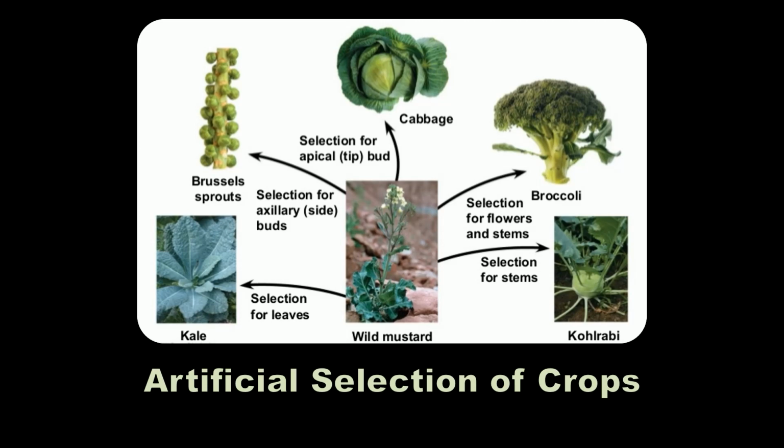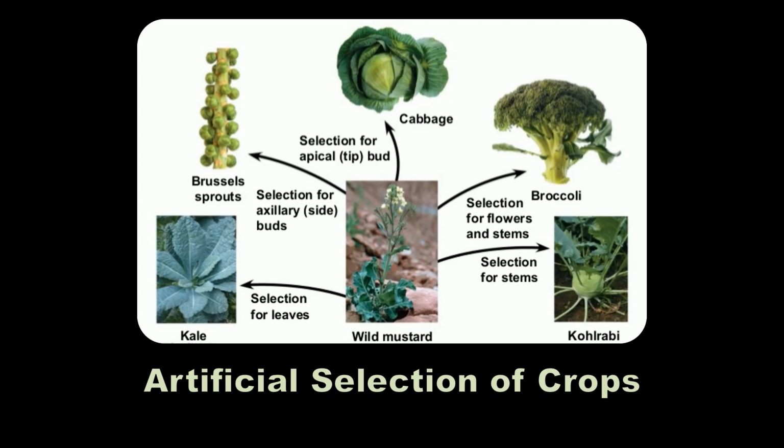And you find a member of that population that has these big, broad, crinkly leaves, and you keep breeding members like that together, and eventually, thousands of generations later, you get kale. And you have some members of the population that have their leaves in a more dense cluster that forms like a little ball, and maybe you get bigger and bigger versions of that, and you get cabbage.